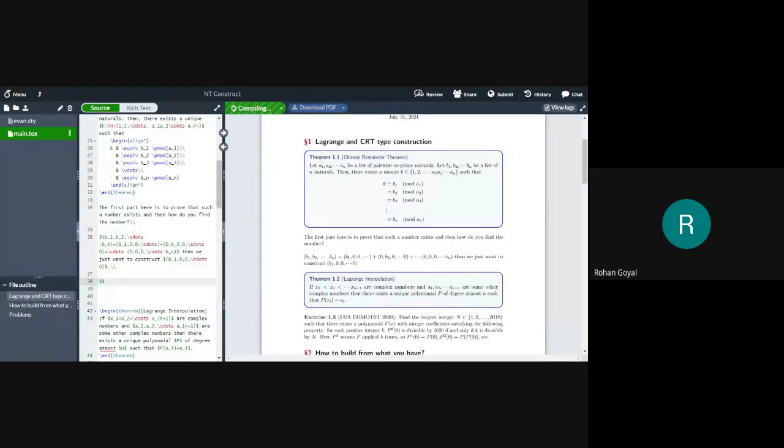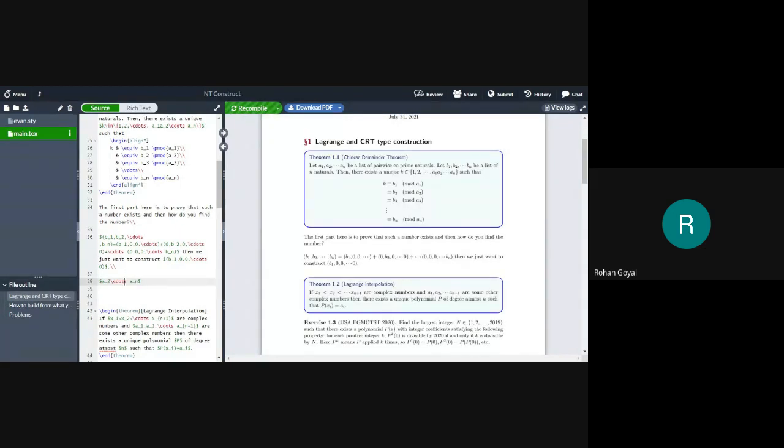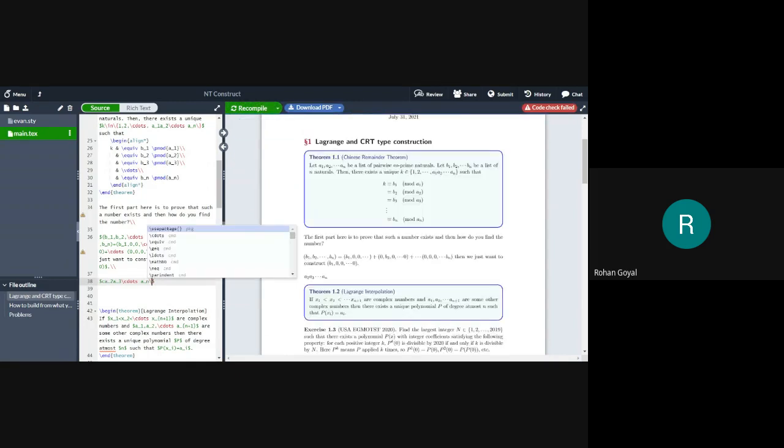You would need a2 dots an into some constant, and then you want it to be b1 mod a1. But this you know you can do, right? You can find such a constant. Just take b1 into the inverse of a2 to an. Good enough?